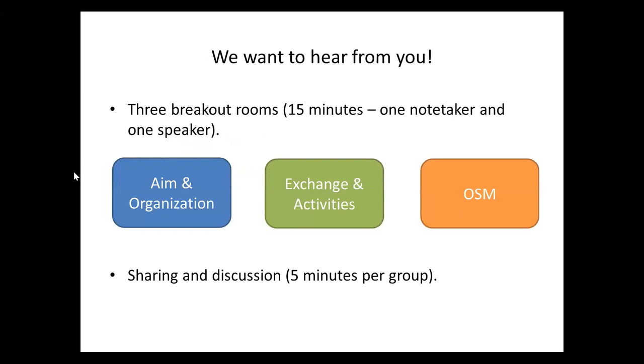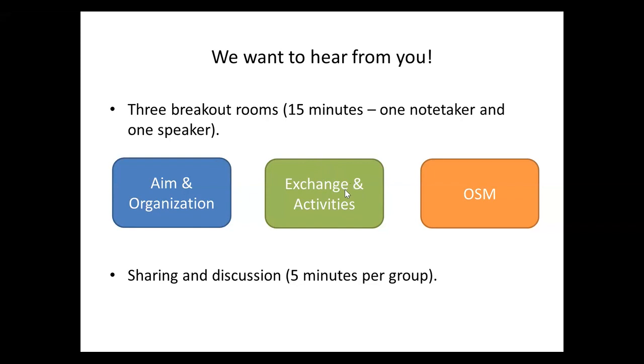And just a little about each room. We will have one room about aim and organization, where we will try to think, what do you see as the main aim of an early career network? What would be a desirable organizational structure and how can we achieve this? I will be moderating this room. Then we will have another room moderated by Alexander, which will be about exchange and activities.